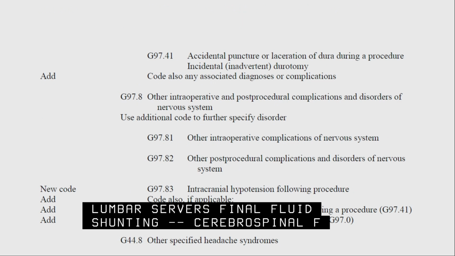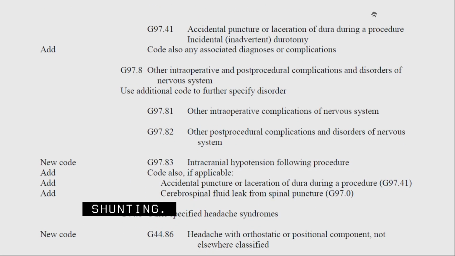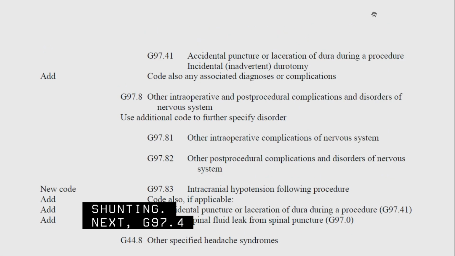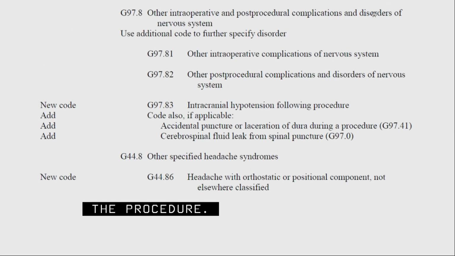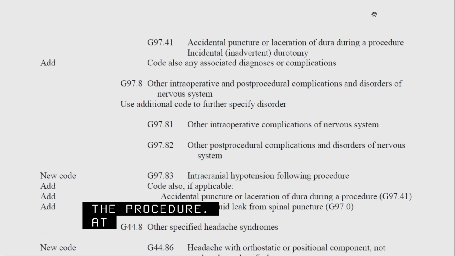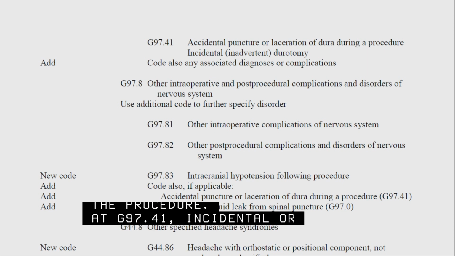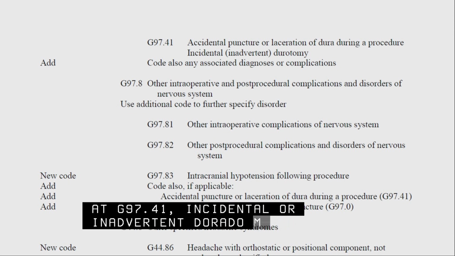Next, G97.4 is accidental puncture and laceration of a nervous system, organ, or structure during a procedure. At G97.41, accidental puncture or laceration of dura during a procedure, which includes incidental or inadvertent durotomy. We would add a note to code also any associated diagnoses or complications.